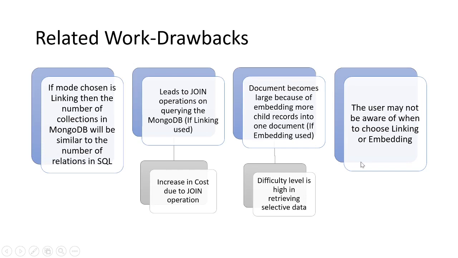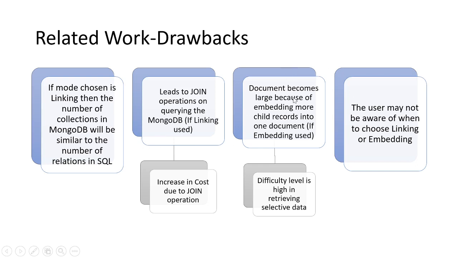There are a few drawbacks in the existing algorithm. First, the user has to explicitly choose between the linking and embedding mode. The second is that when linking mode is chosen, it will result in many collections in MongoDB. Suppose we give a query which should access more than one table, then there must be a join operation between two or more tables, which is cost inefficient.